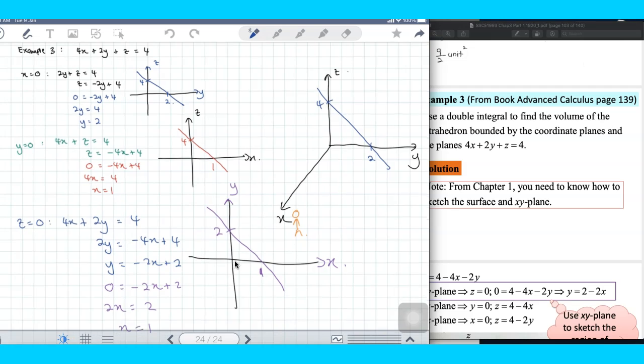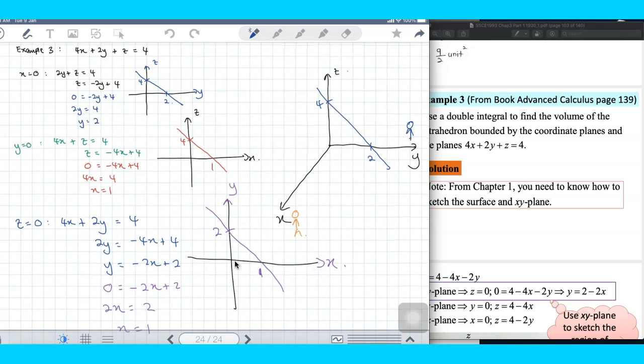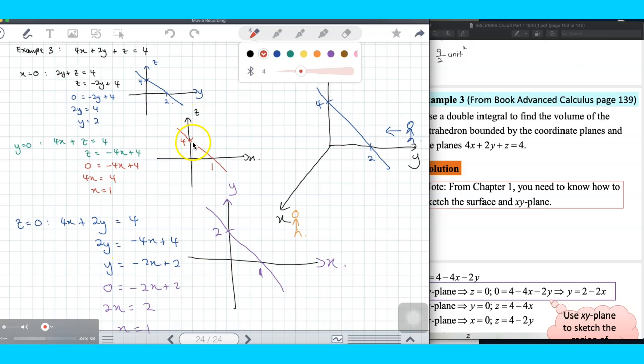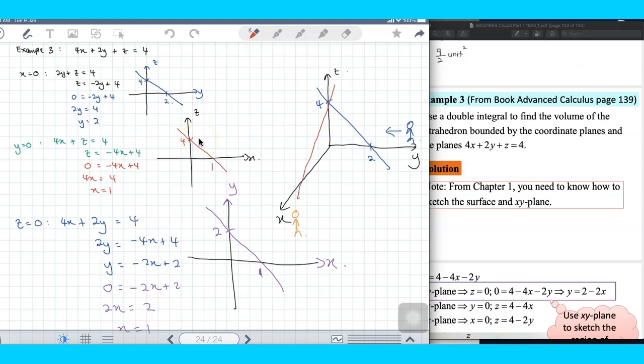Okay, and then when you are over here, you look over there. On the zx plane, you have the red line, and you can see that it passes through 4 on the z axis, and x is 1.